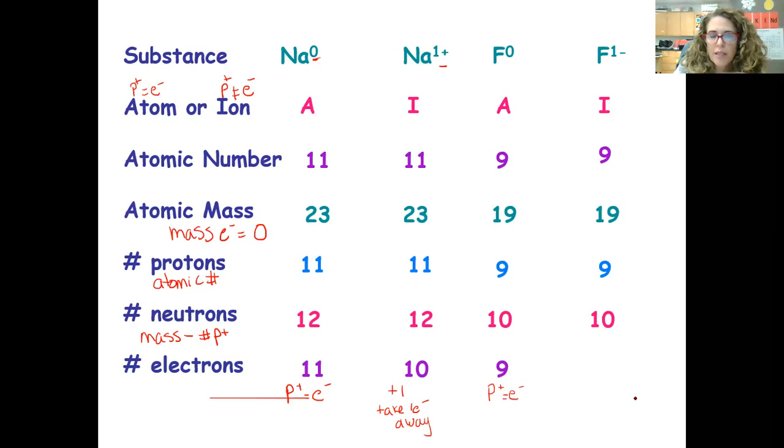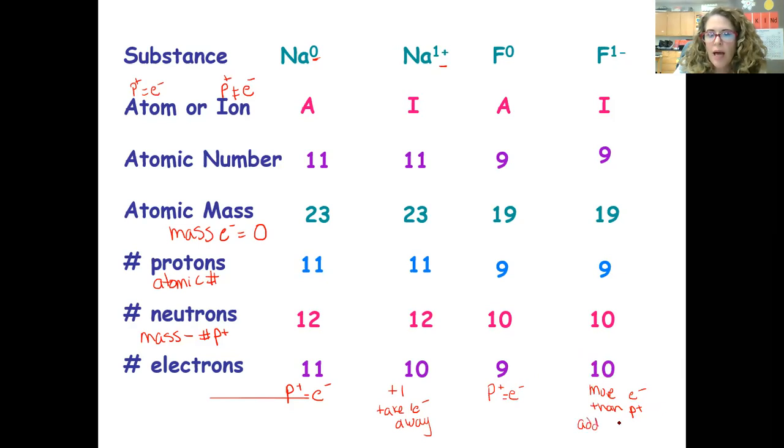Protons equal electrons. So now if I have a negative 1, that means I have more electrons than protons, because I have more negative charge than positive charge. How much more? Minus 1, one more. So that means I see the minus, that means I'm going to add one electron.